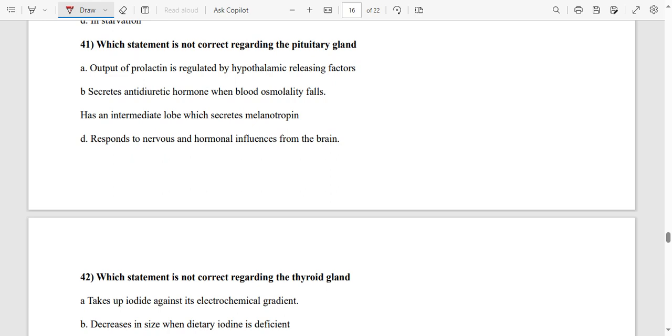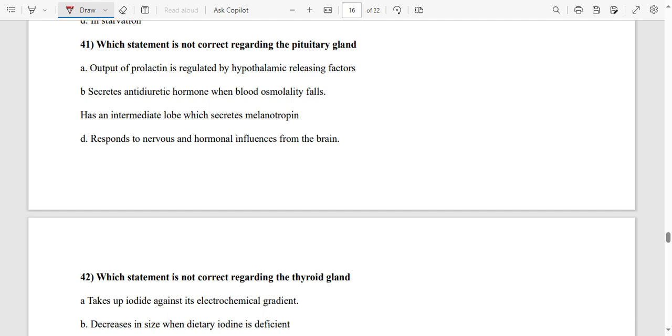A, output of prolactin is regulated by hypothalamic releasing factor. B, secretes antidiuretic hormone when blood osmolarity falls. C. For the previous one, we'll go for C.